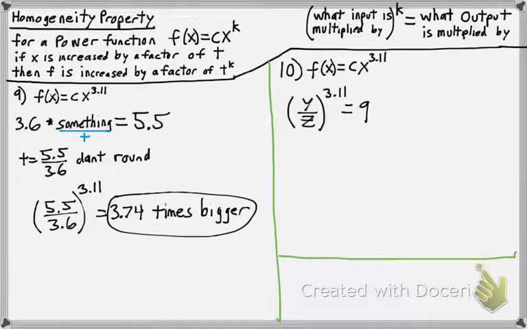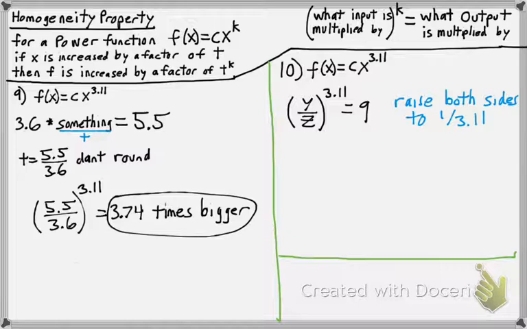Now here I want to raise both sides to the 1 over 3.11.